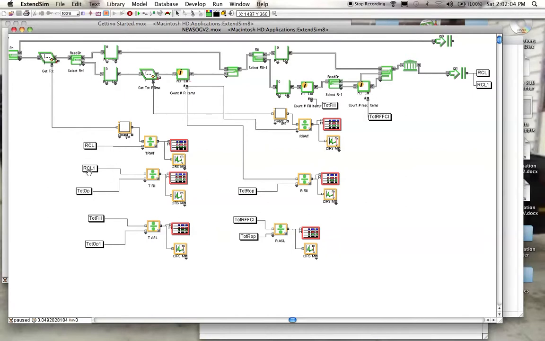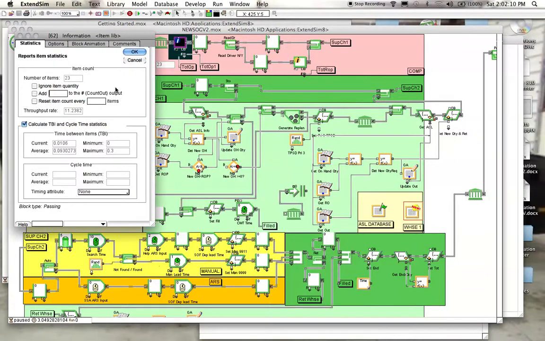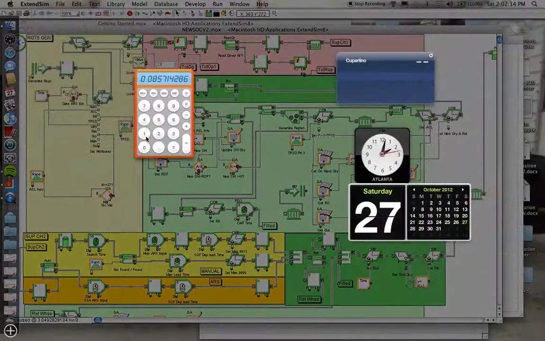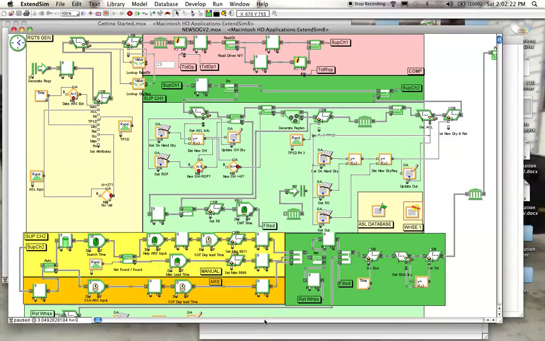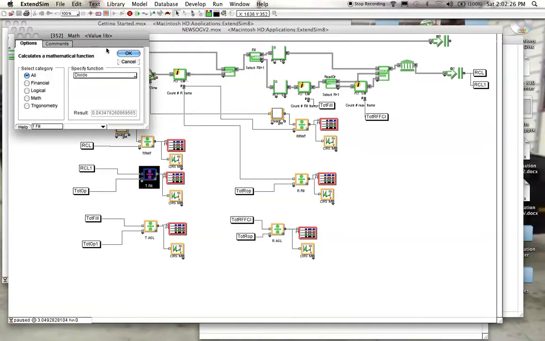Now, total closed should be 1, total opened, this number right here, 23. So 1 divided by 23 is what that value should be. 0.043.